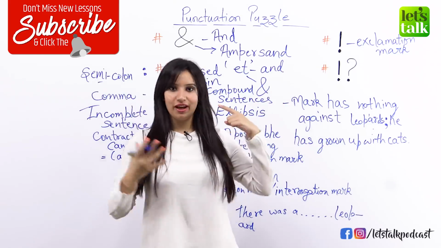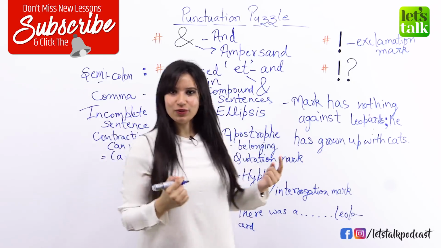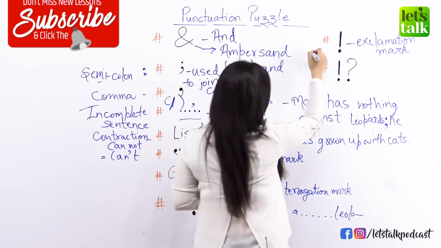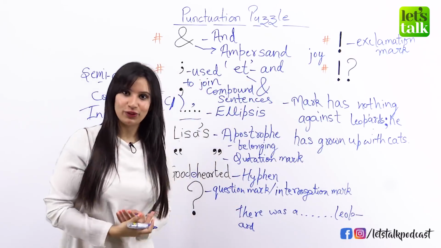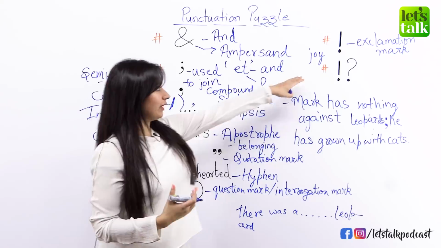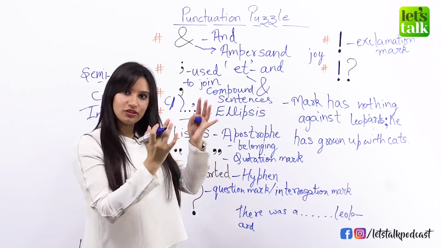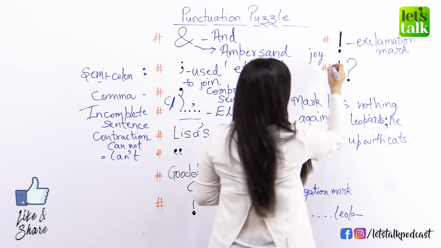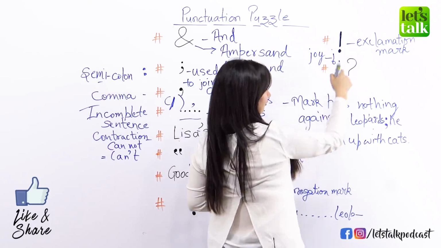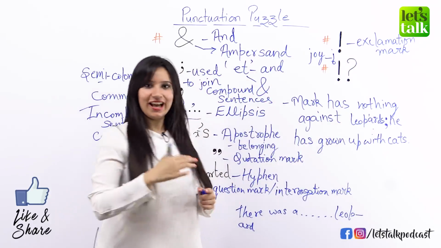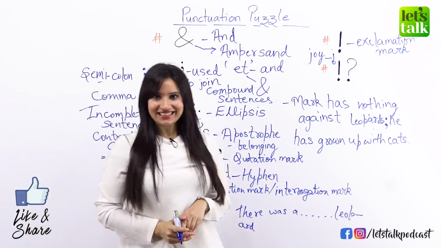So initially, long ago in ancient days when people used to write, they used to write J-O-Y, joy, which is a Latin word and now an English word also, which means happiness. And when they used to write joy for happiness, slowly they started contracting this word, and in a hurry they started writing the J and the O only, which looks something like this, and much later it actually became an exclamation mark. It's interesting, isn't it?